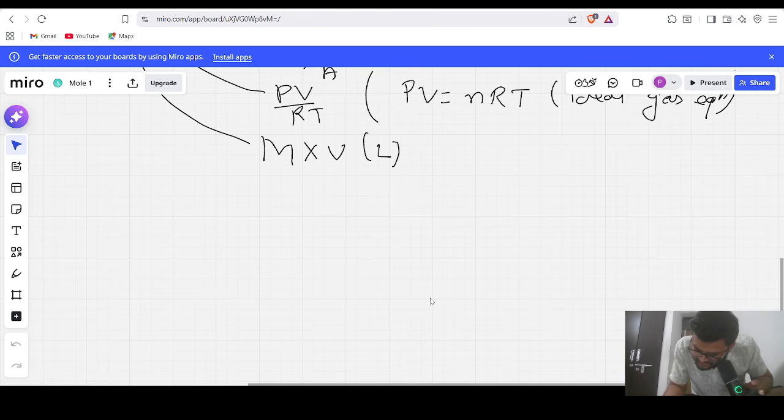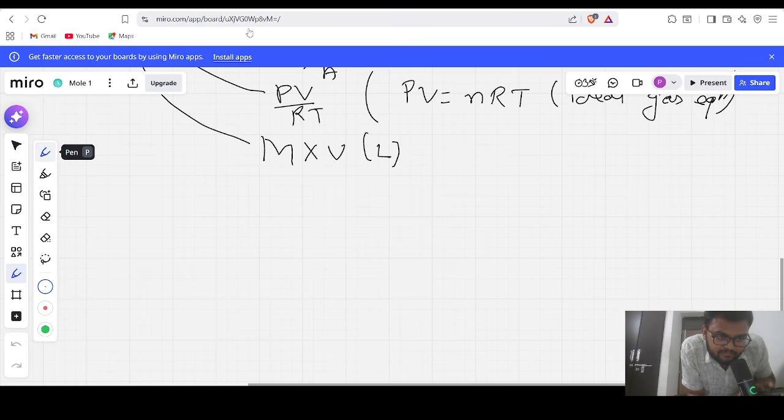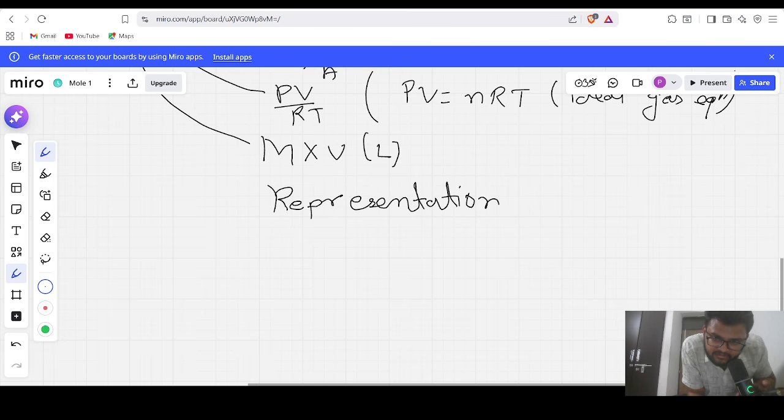The next concept is representation of atom. Sorry for the bad handwriting.